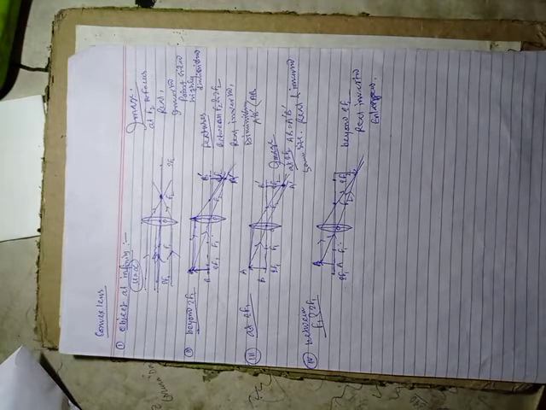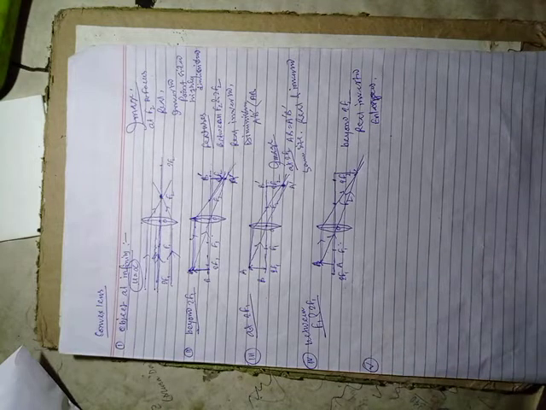You have to write a little bit, otherwise you will not get full marks. Put the diagram, then write the features of the image. You will get 95% of the marks. If it is 4 marks, you will get 3.5, but you have to write a little statement.